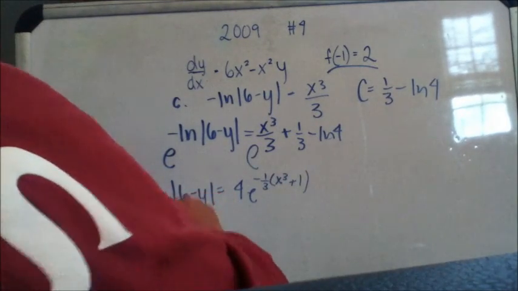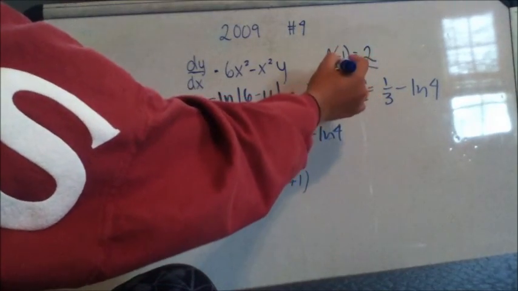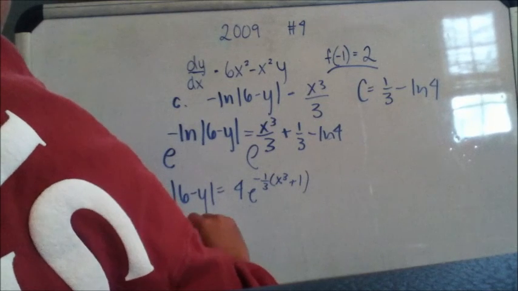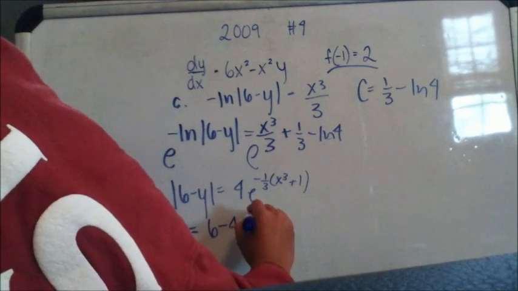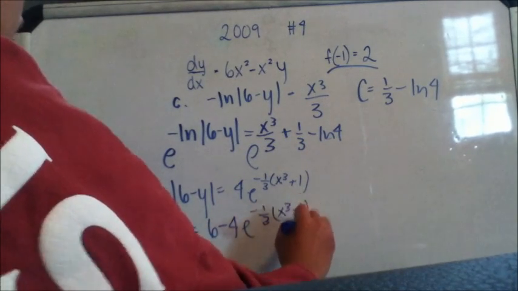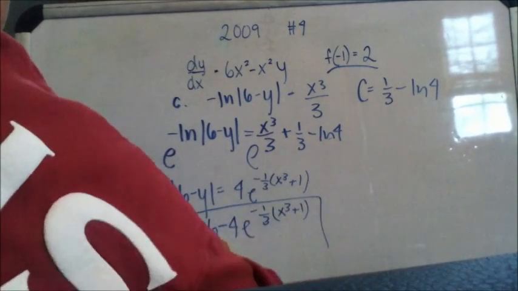We can drop the absolute value bars because the negative is going to equal positive, so we can get y equals 6 minus 4e to the negative 1/3 times x cubed plus 1, and that's going to be our particular solution.